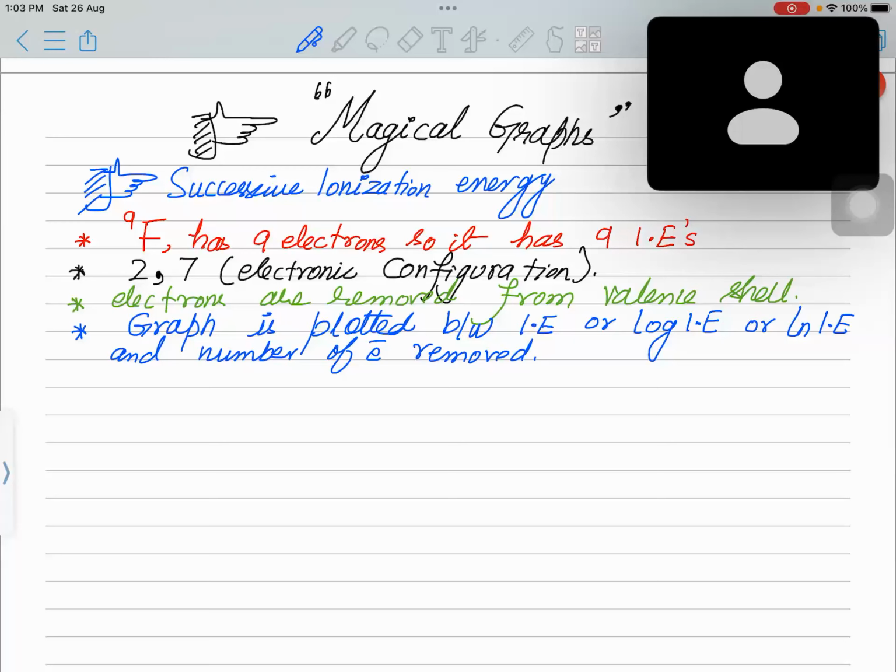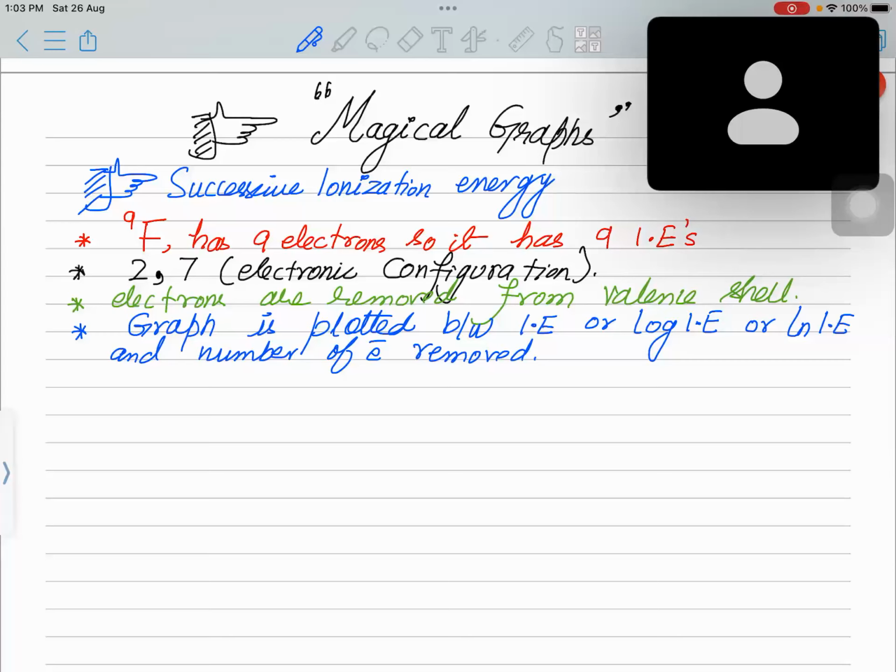So can anyone tell me the relationship between nuclear charge and ionization energy? Yes, sir. The higher the charge, the greater the ionization energy. It's a direct relationship.